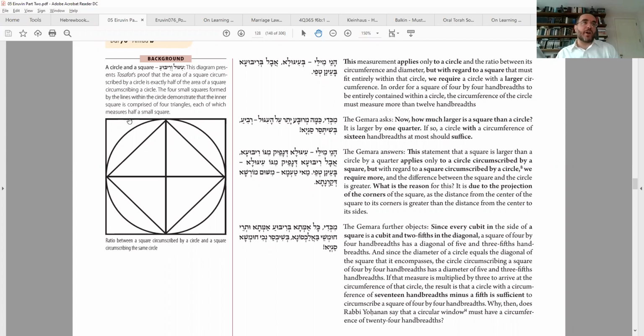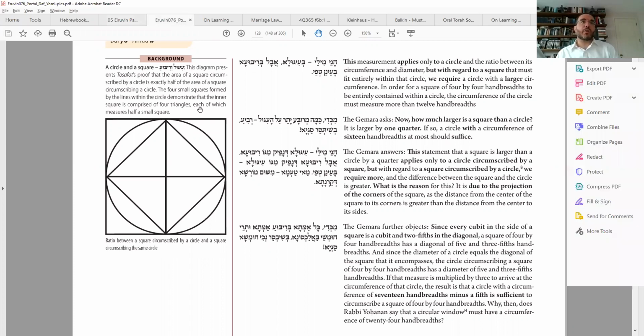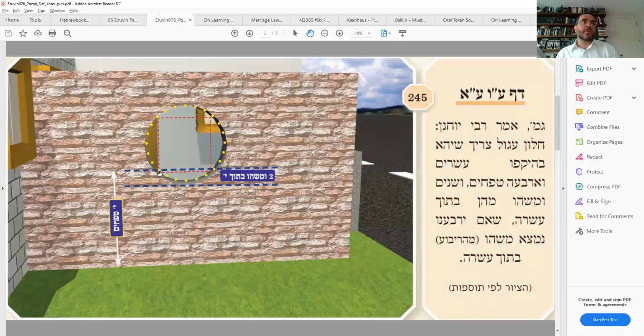So a diameter of 5.6 is 5.6 times 3, which is 16.8. Okay, so I'll go here, it'll be clearer. So if I have this square, which is 4, that means that the diameter of this is 5.6. And so 5.6 times 3 gives me a circumference of 16.8.